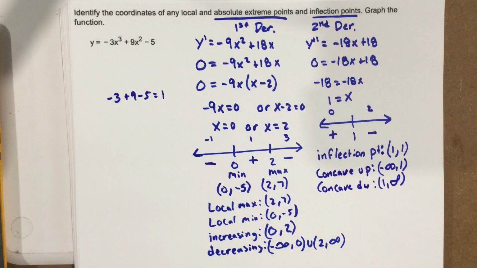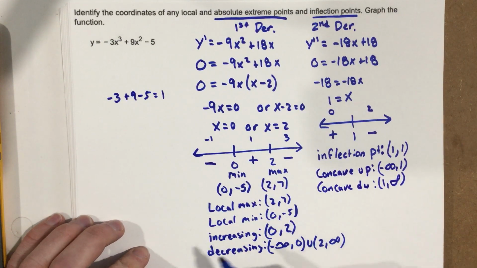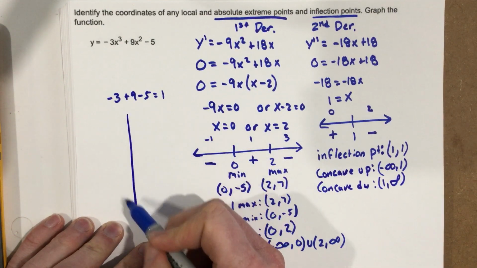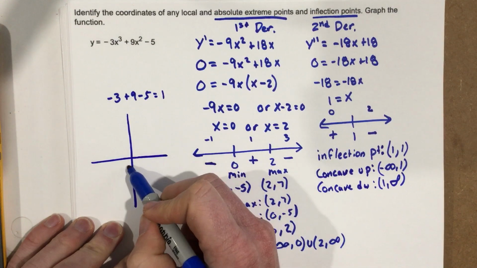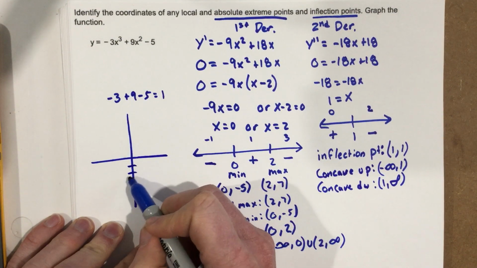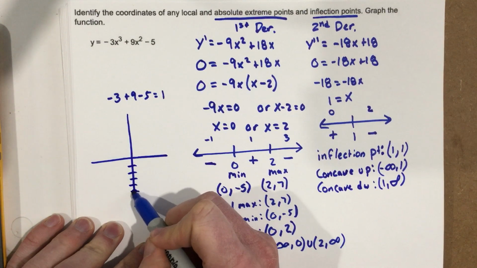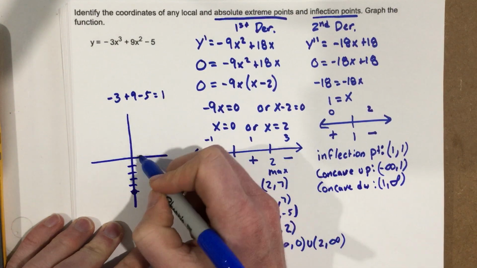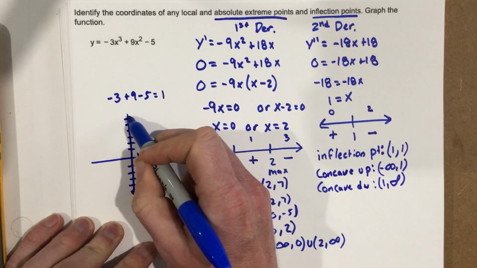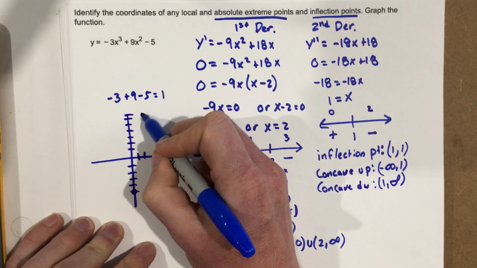And then finally they want us to graph the function. Well, let's do that. We have 0, -5 as one of our minimum values, and 2, 7 as one of our maximum values.